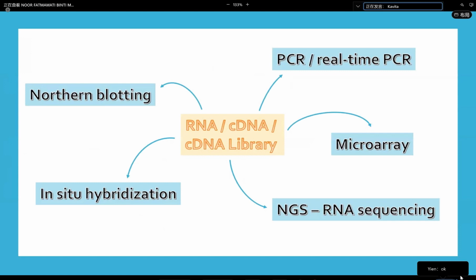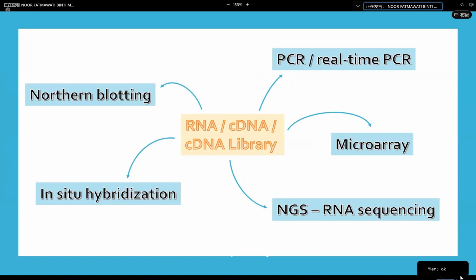NanoString is another. The chemistry is a bit different than microarray. So now the question, microarray: is it amplification dependent or amplification free, or hybridization? Free, hybridization. Yeah, hybridization or amplification free, correct.